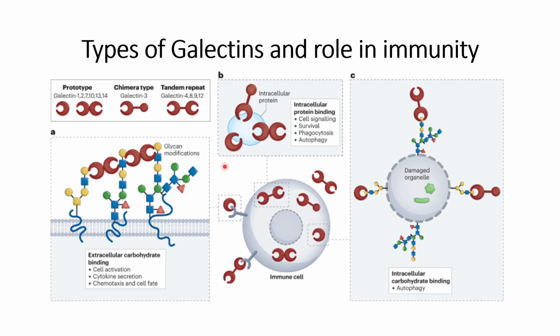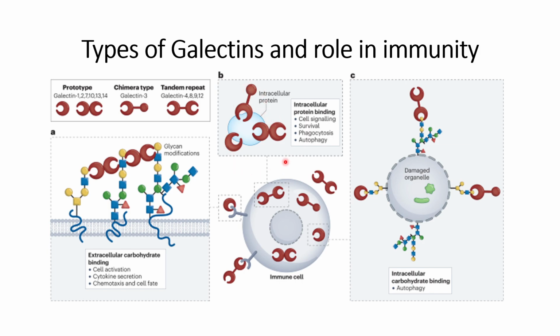The next part shows that these galectins can be found either in the extracellular matrix or within the cells in the cytosol, and in some cases in the nucleus, because they lack the signal sequence that can direct them to their final destination.